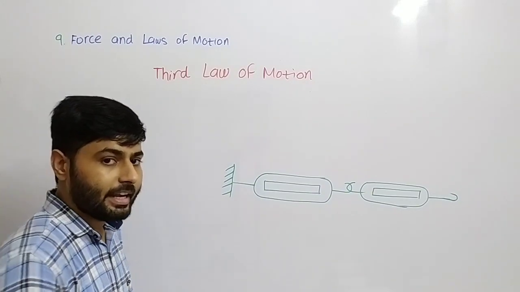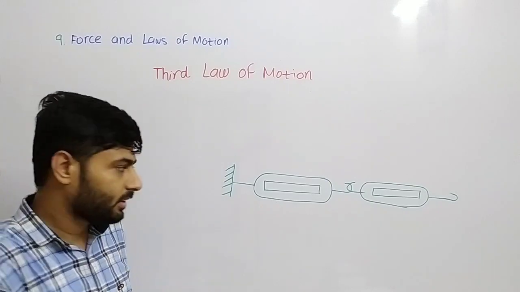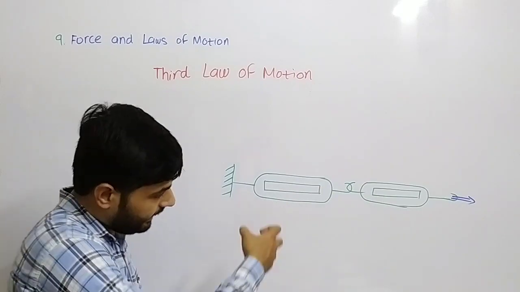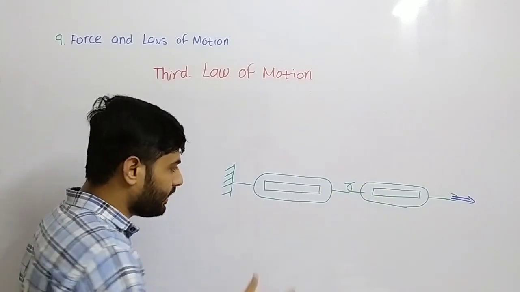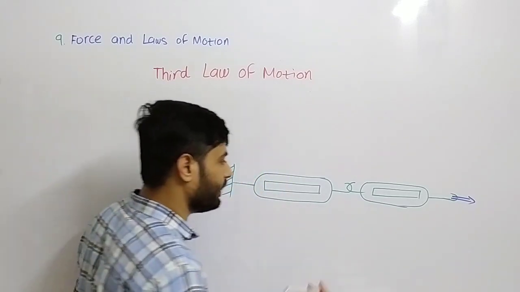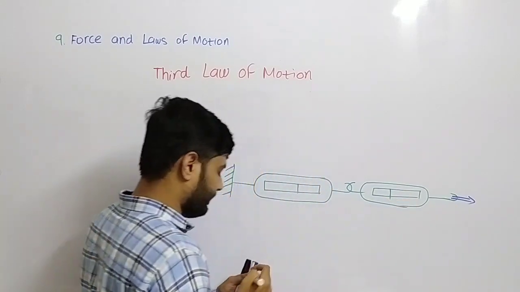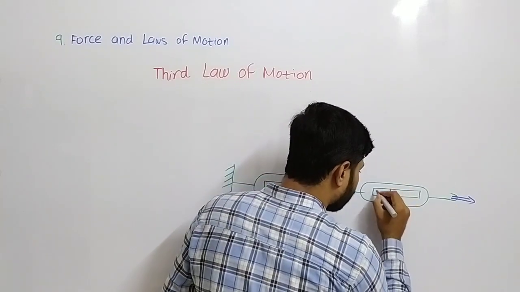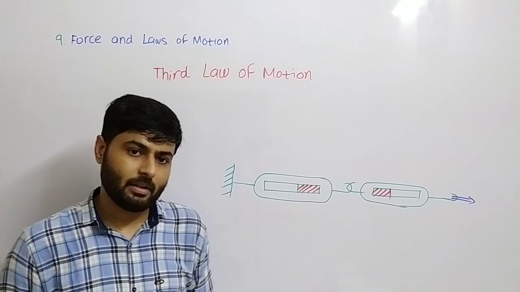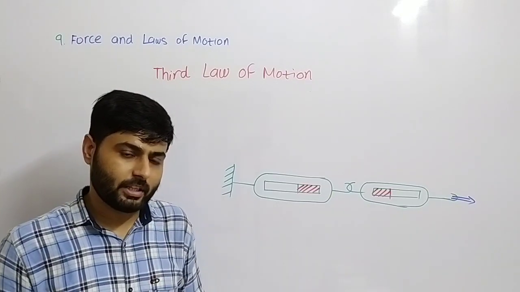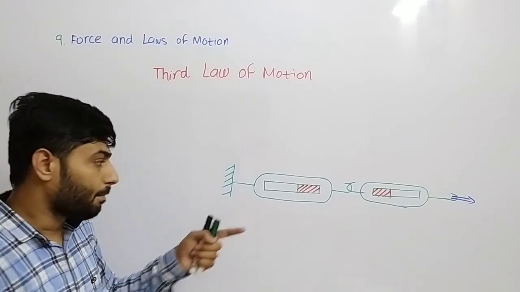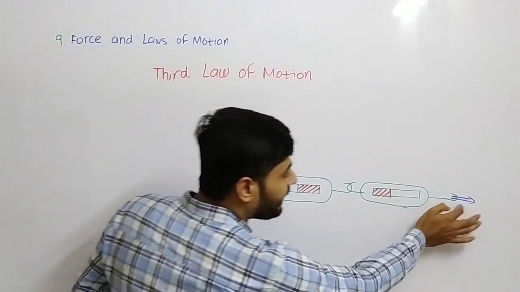And now if I pull this spring balance in this direction, what will happen? Both spring balances will show same reading, like say 10 kilogram. Both will show same reading but in opposite direction, and this wall will also be exerted by the force I have exerted here.